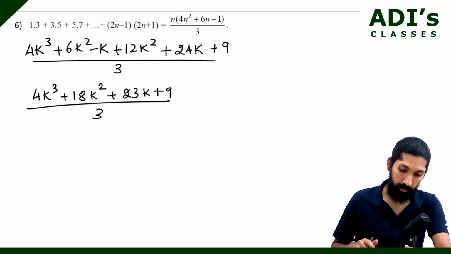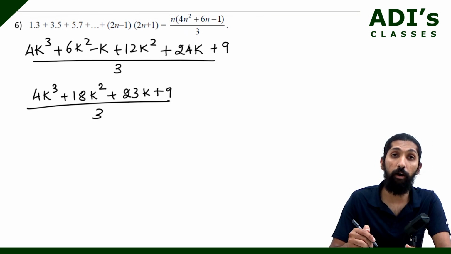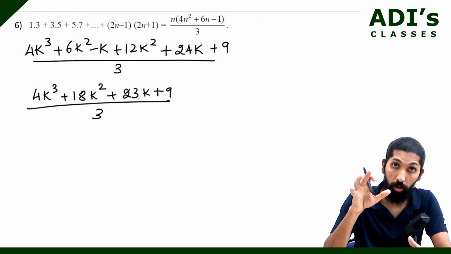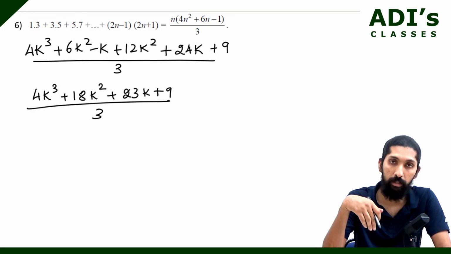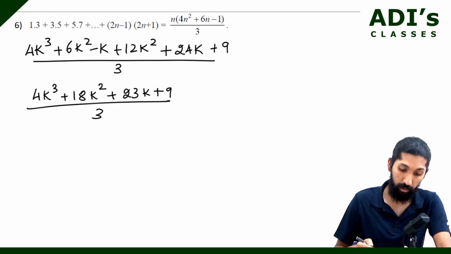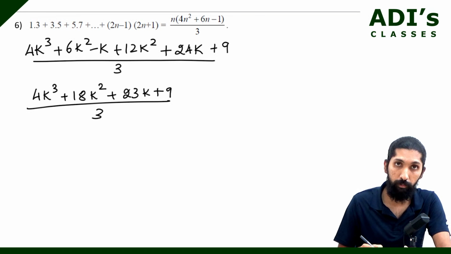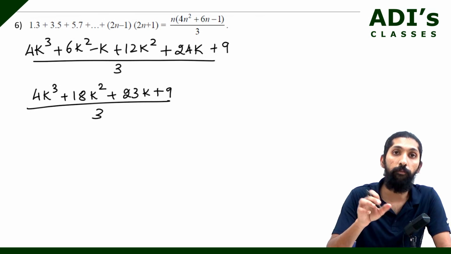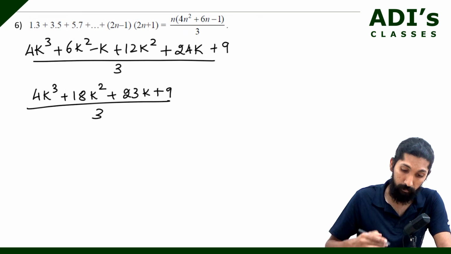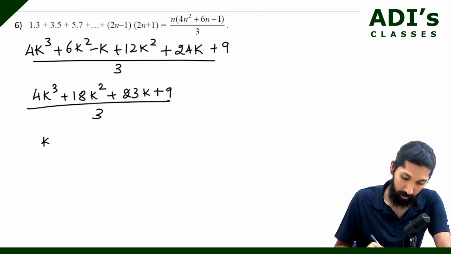Correct? Now what you can do is, either you can do the long division method by taking one of the cases, or you can try to take common here. Okay, so when you're trying to take common, if you take the variables, then we are going to get k plus 1 as common.